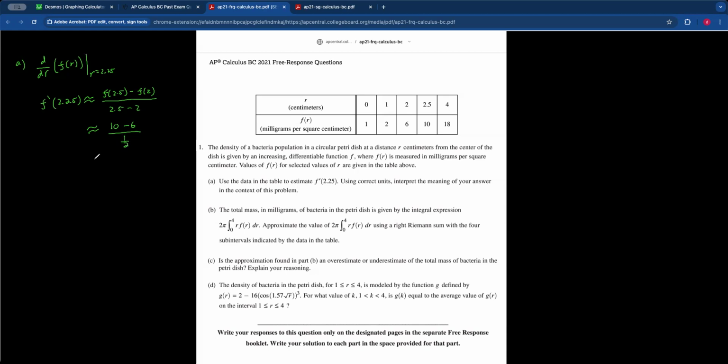As a result, this will be basically 8. And then we can give it the units. Again, f is in milligrams per square centimeter, and since we're taking the derivative with respect to r, it would be per centimeter. So it would be mg per square centimeter, so cm squared per centimeter, like this.